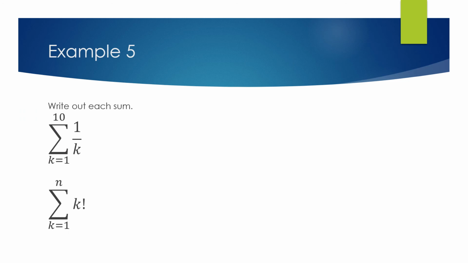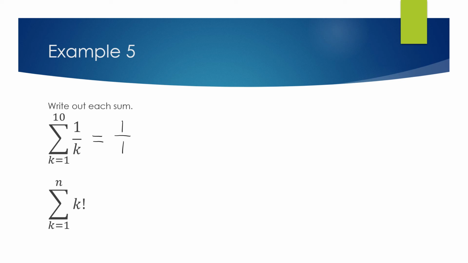Example 5. Write out each sum. Here we have the sum as k equals 1 to 10 of 1 over k. So what we're going to do, we're going to let k equal 1, so that would be 1 over 1.